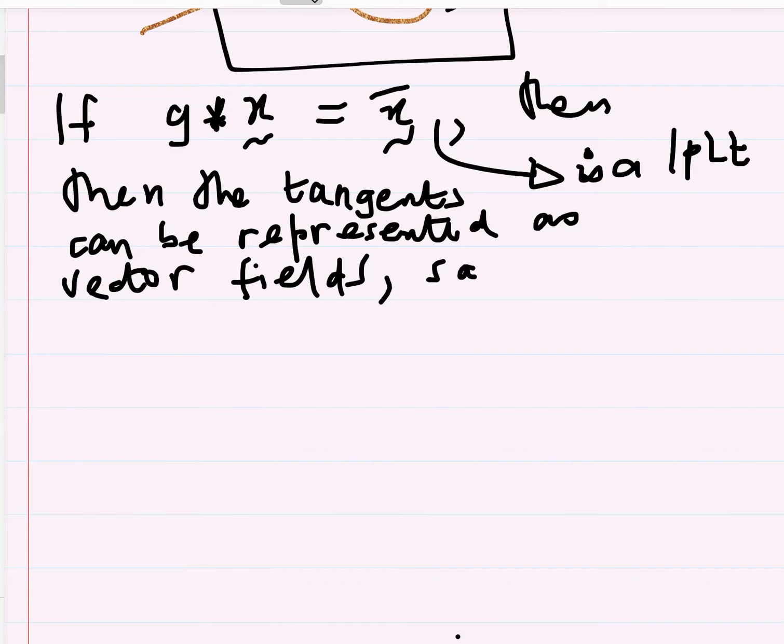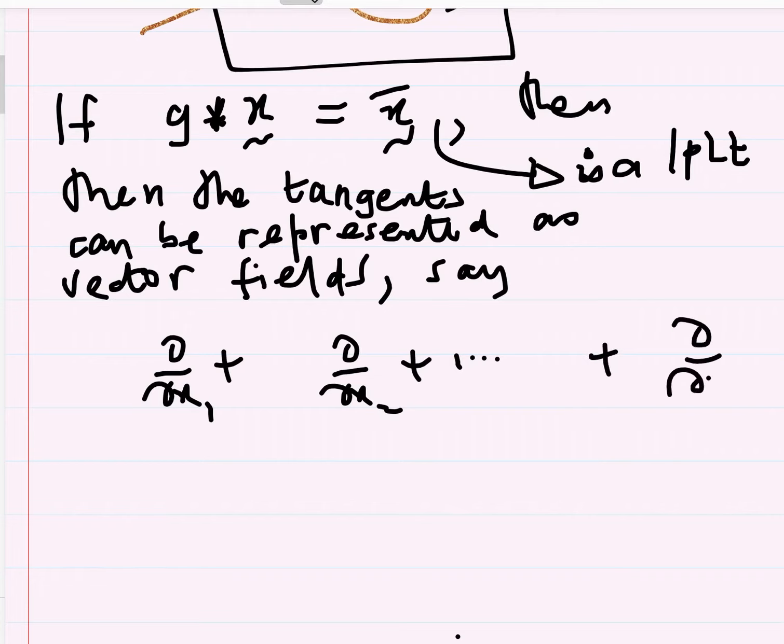As I mentioned, these tangent vectors have these alternative notations. Let's say those vector fields: the first coordinate of that tangent vector will be the coefficient of d by dx1, the second coordinate d by dx2, etc. And the last coordinate, if this is an m-dimensional manifold, will be the coefficient of d by dxm.